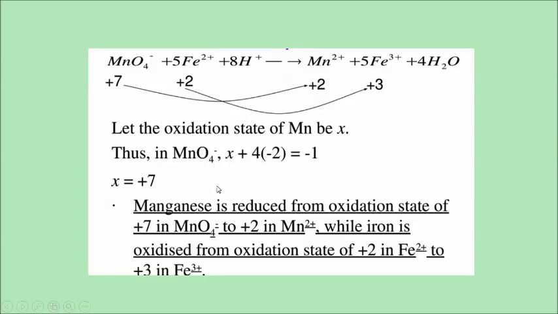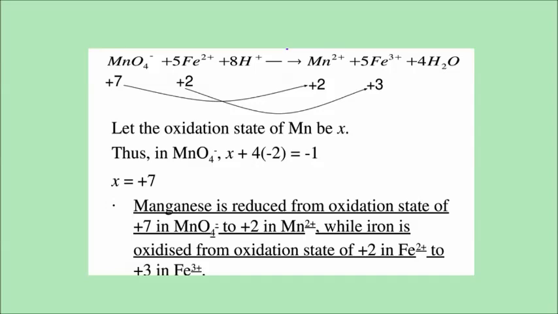So 4 times the oxidation state of one oxygen, which is -2, and 4 times -2 is equal to the charge on the ion, which is -1. Solving this, we get X equal to +7. That's why we have written +7 here. So for any compound, you can find the oxidation state of the atoms this way.